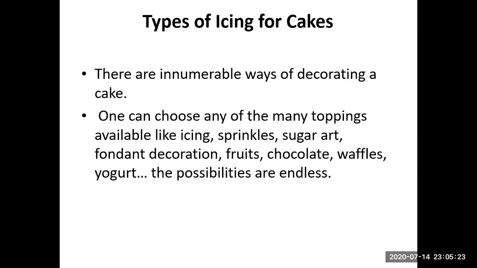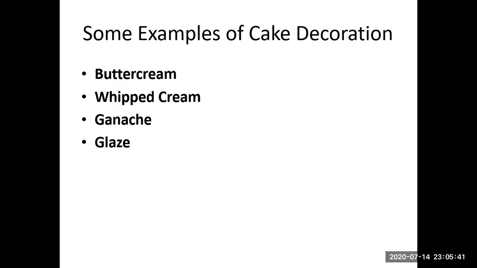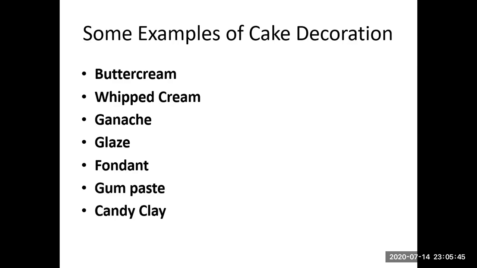Now in today's class we will learn some common decorations that are mostly used in decorating cakes. For example, it can be buttercream, whipped cream, ganache, glaze, fondant, gum paste, candy clay. That is actually a variation.